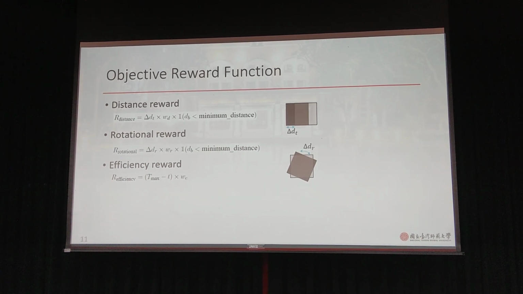And then the rotational reward is delta dr, quantifying the improvement in orientation from one time step to the next. And the efficiency reward is how fast the agent could complete the task, which means the faster it is, the bigger the reward it could achieve.